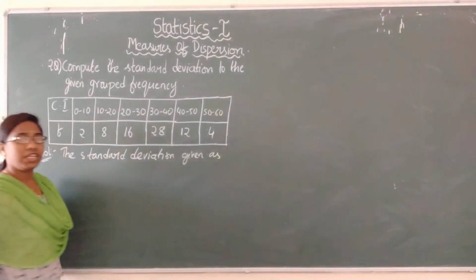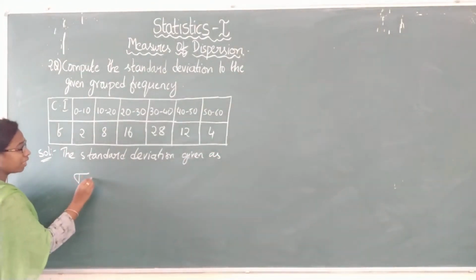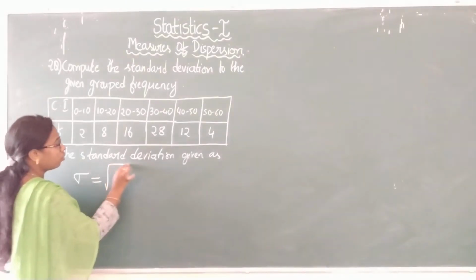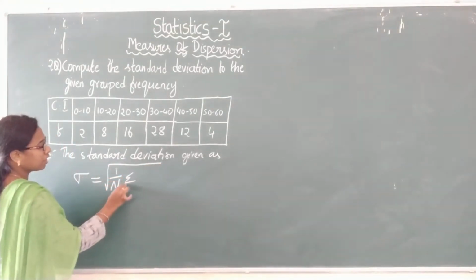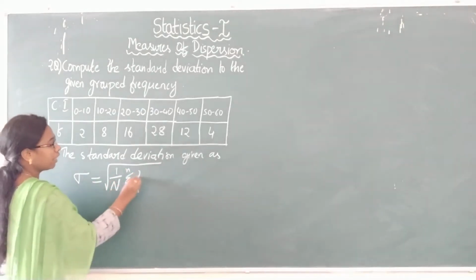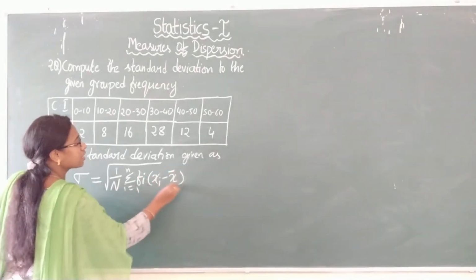The standard deviation is denoted with sigma. So sigma equals the square root of 1 by capital N summation i equals 1 to n fi into (xi minus x bar) whole square.